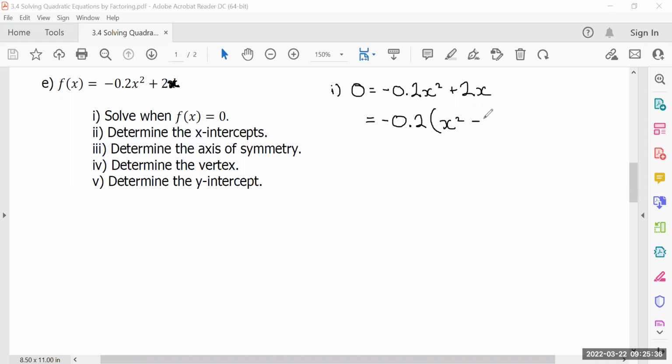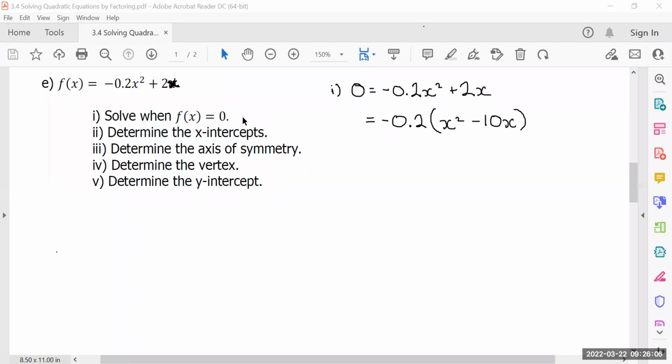This becomes -10. Let's see, calculator. 2 divided by negative 0.2 is equal to -10.